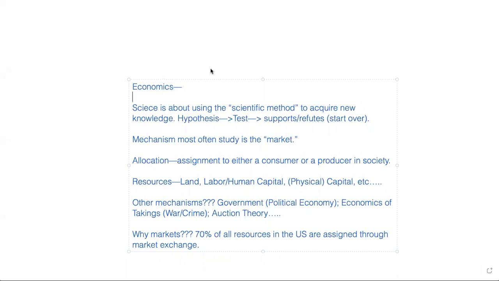And if you don't engage in the scientific method, and there are lots of people that actually have lots of different ideas about the economy, as you might imagine, particularly when we talk about things like political economy, there's a lot of different incentives for people to want to do things different ways, to try to get the government to give them a greater share of the resources.